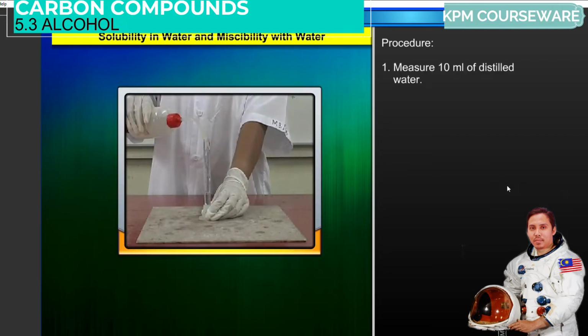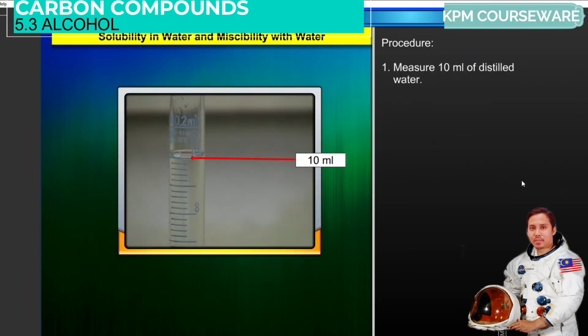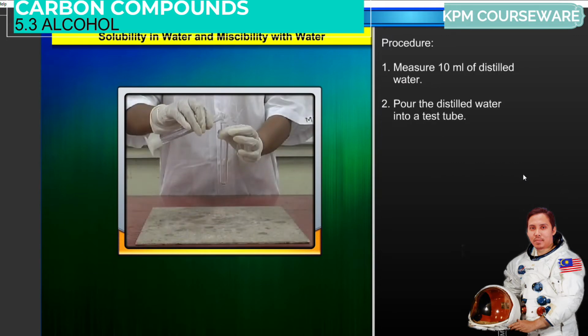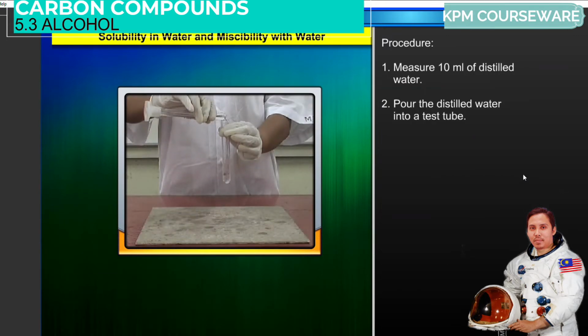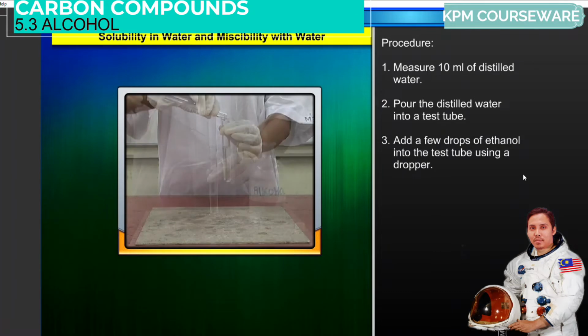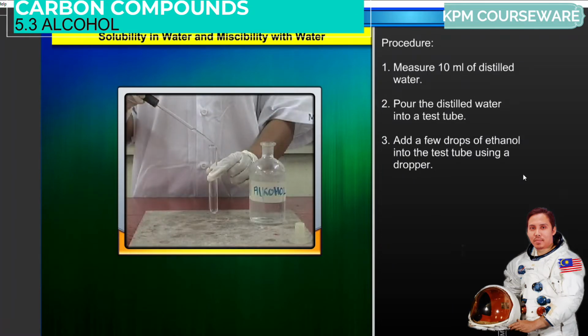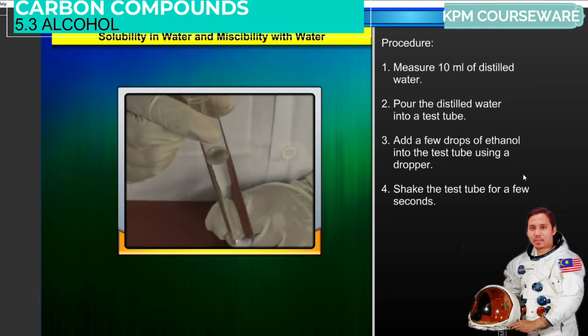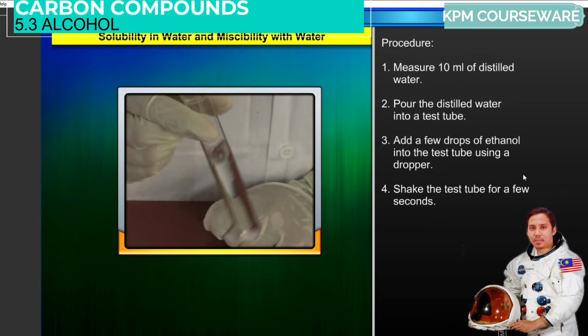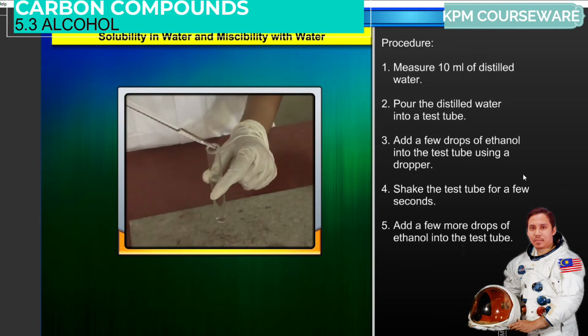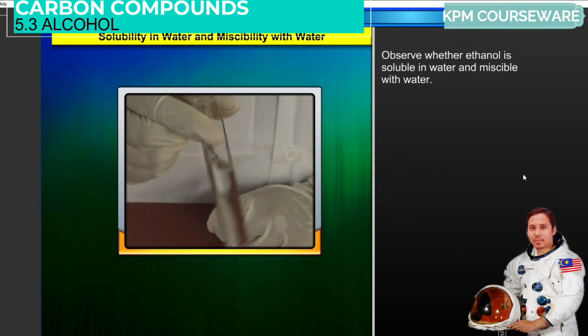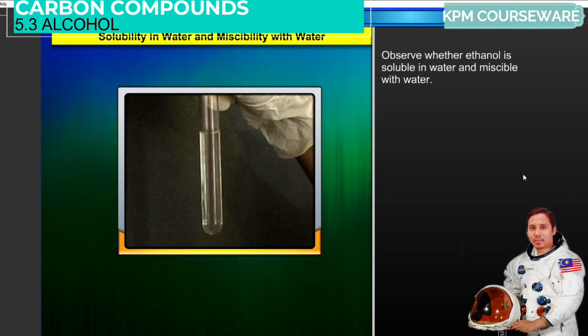Measure 10 milliliters of distilled water. Pour the distilled water into a test tube. Add a few drops of ethanol into the test tube using a dropper. Shake the test tube for a few seconds. Add a few more drops of ethanol into the test tube. Observe whether ethanol is soluble in water and miscible with water.